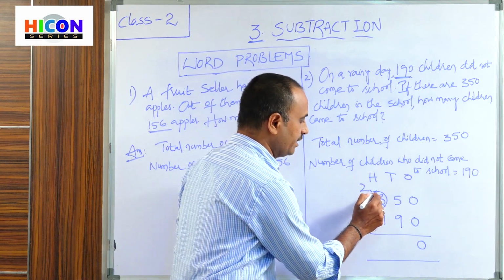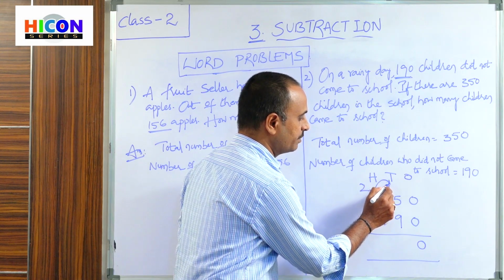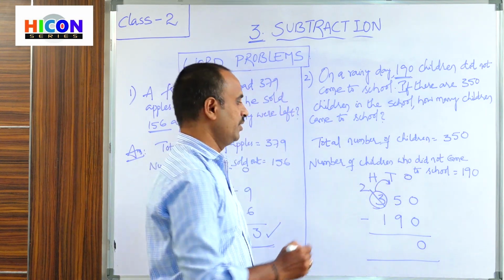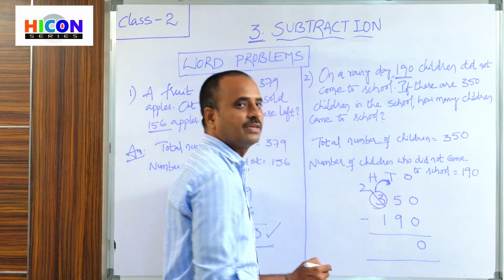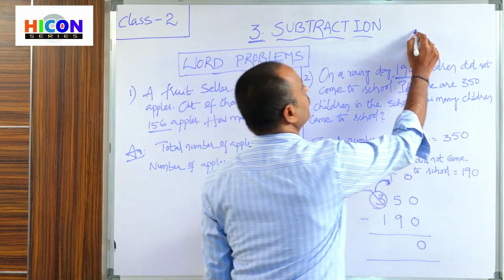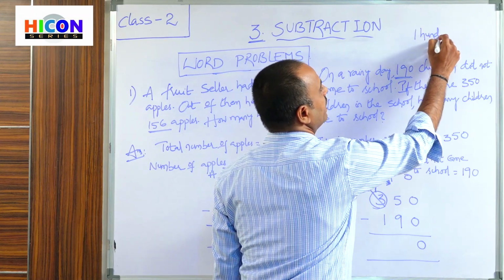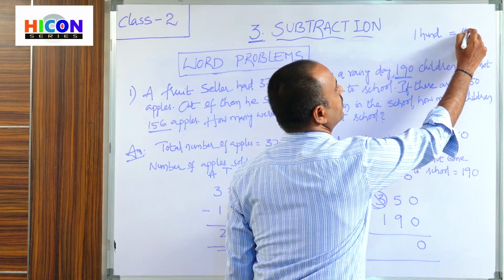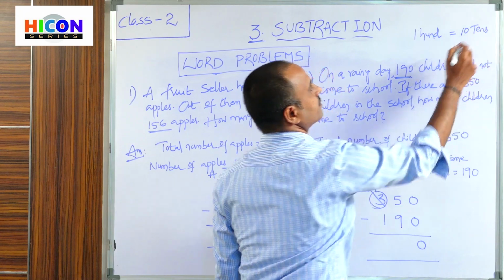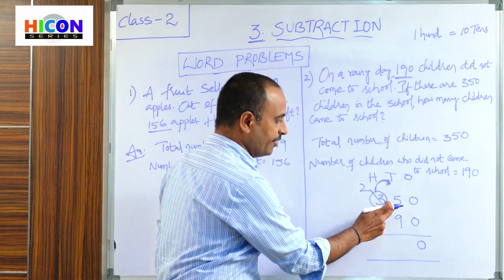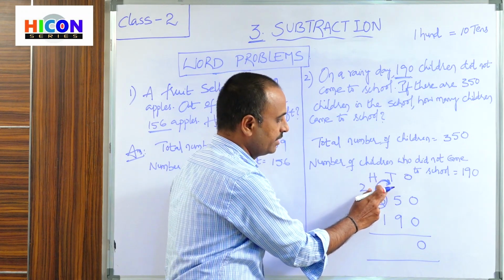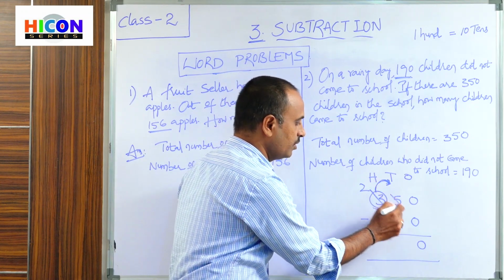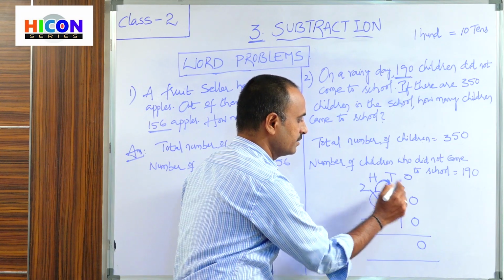And now carry this 100 to the 10th place. If 100 is carried to the 10th place, it will become 10 tenths. So there are already 5 tenths, and if we get 10 more tenths, the total becomes 15 tenths.